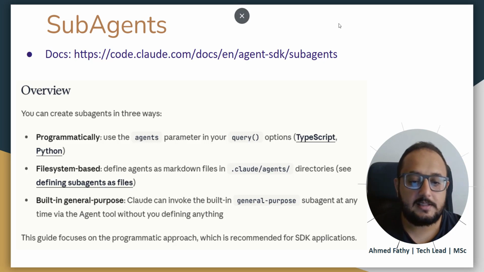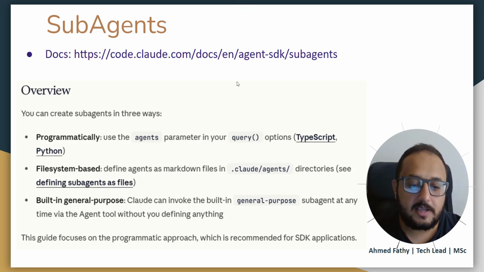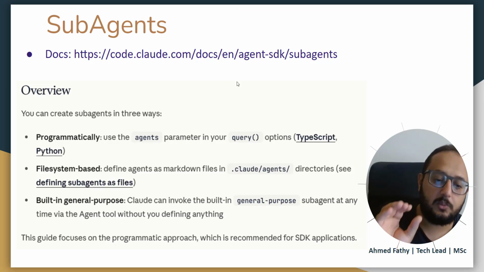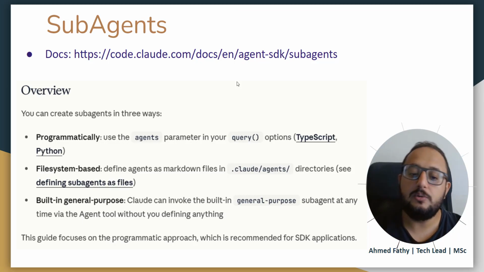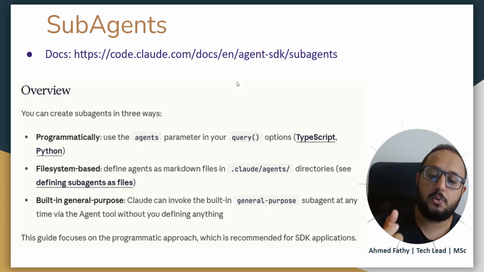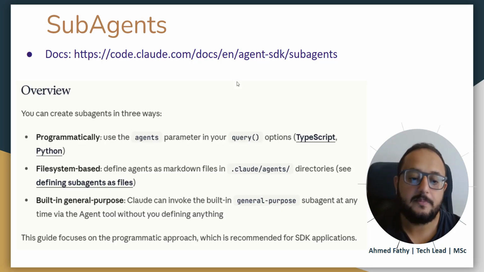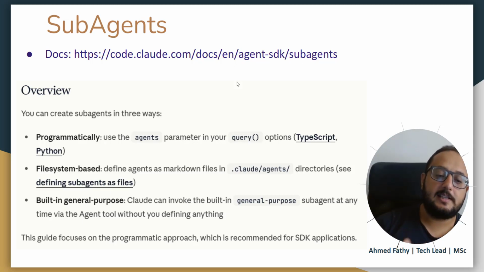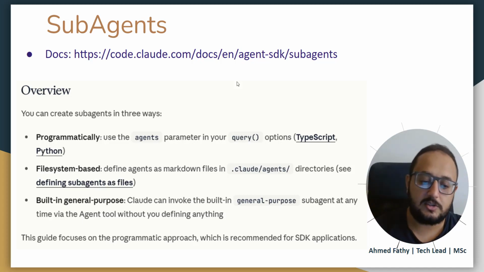Okay, so again, this is a documentation link. Overview. So you can create sub-agents in 3 ways. One of them is programmatically. So you use the agents parameter in your query options. We will see an example for that. You can also use file system based sub-agents. So you can define agents as markdown files in .claude/agents directories.